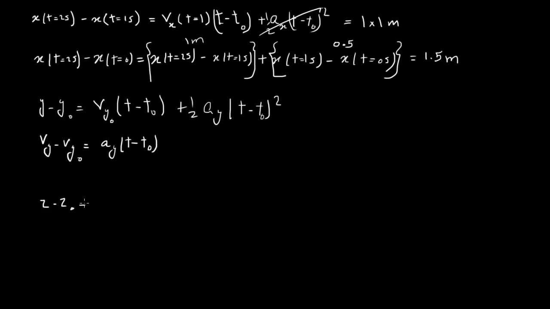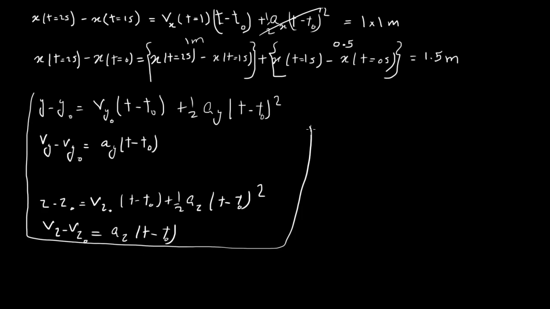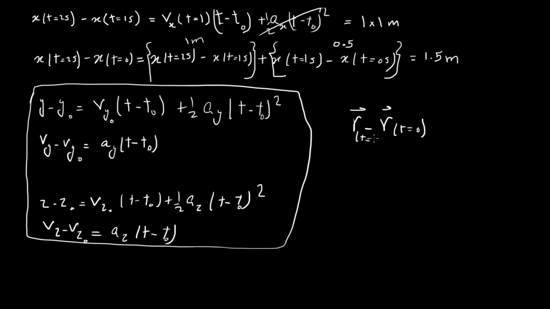Z minus z naught equals vz naught times t minus t naught plus half az t minus t naught square, and vz minus vz naught equals az times t minus t naught. So these are the set of equations that you need to use to find r minus r at time t equals 0, or at time t equals 2 seconds.